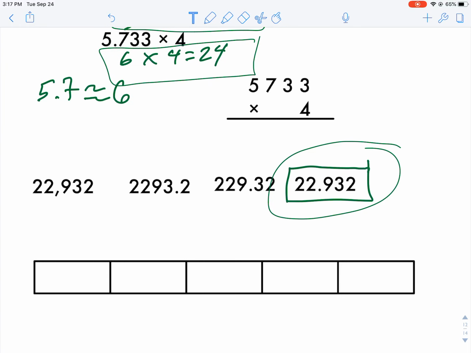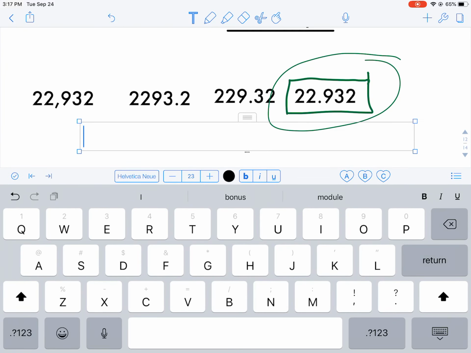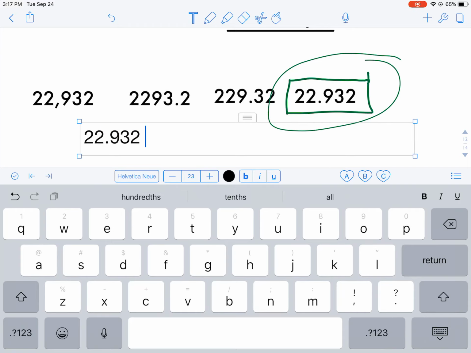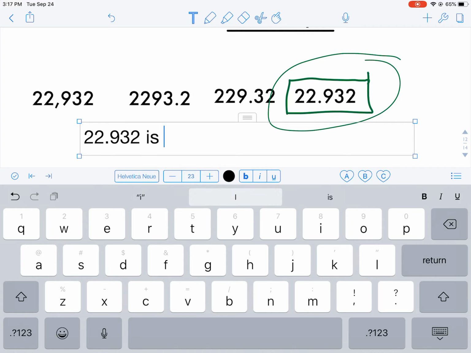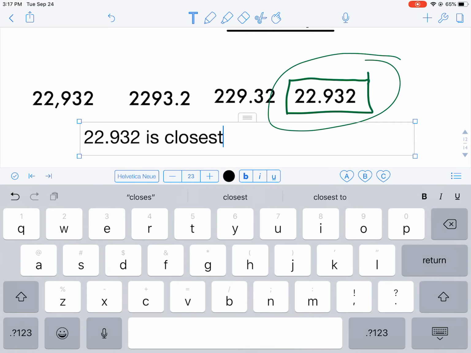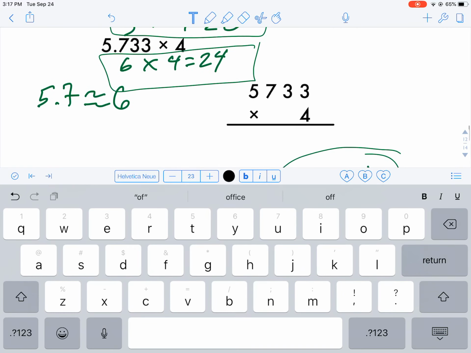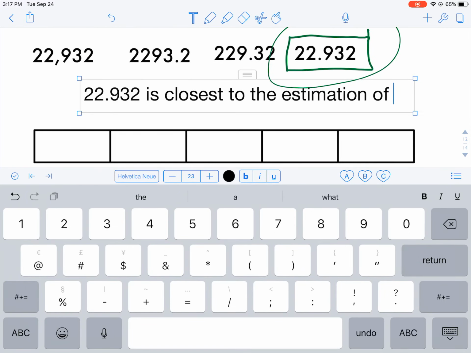So the explanation can be as easy as what I just wrote earlier: 22 and 932 thousandths is closest to the estimation of 6 times 4. 6 times 4 equals 24.